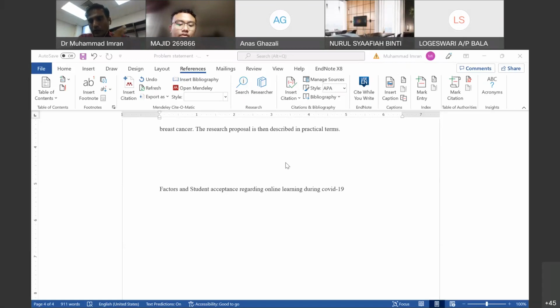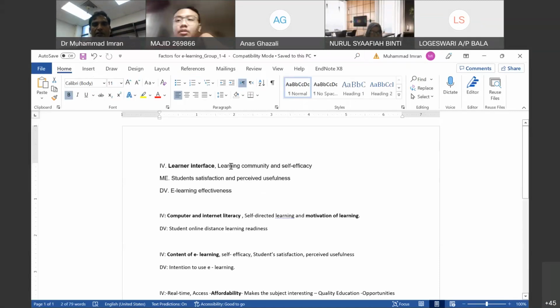Regarding the past researchers, they said these factors are very important. Suppose, like giving you an example here, I noted down the factors: learner interface, learning community, self-efficacy, student satisfaction, perceived usefulness, computer and internet literacy, self-directed learning, motivation of learning.